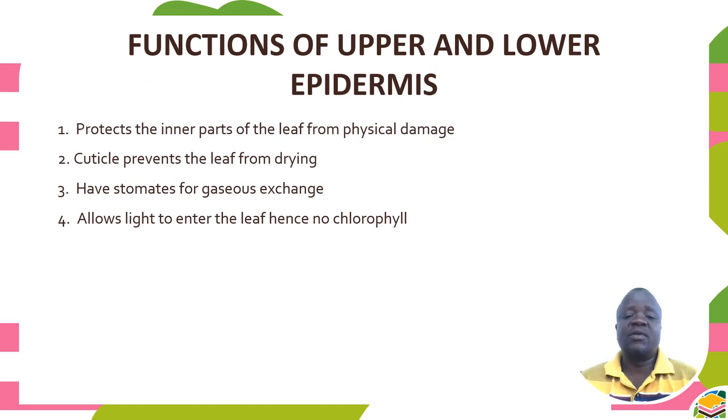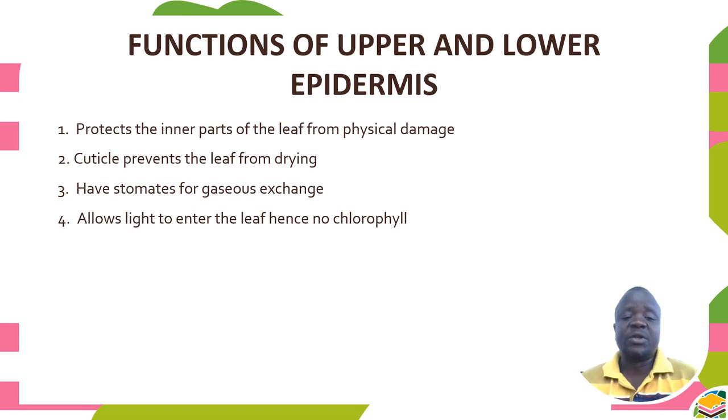Now, for the functions of the upper and lower epidermis, we have already looked at the structure, internal as well as external. The function of the epidermis is to protect the inner parts of the leaf from physical damage. Some of the lower and upper epidermis have hair in structure. These hairs may help to scare away insects, therefore protecting the leaf from physical damage.